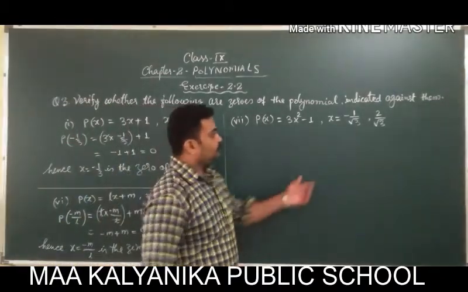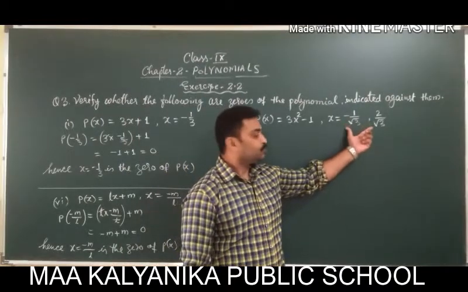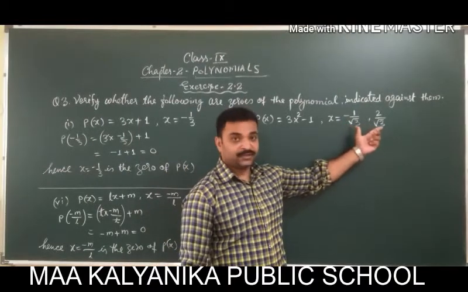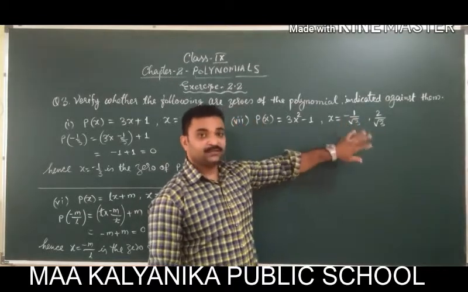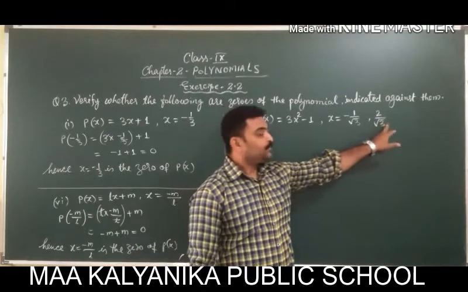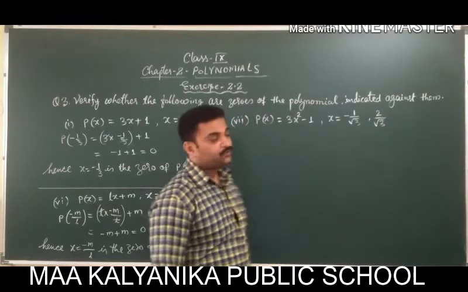Now in the seventh part, again we will do the same thing. We will do here 2 numbers. That means first of all we will put minus 1 upon root 3 in place of x, and secondly 2 upon root 3 in place of x.